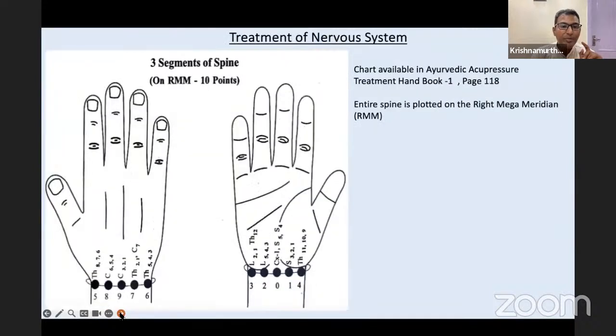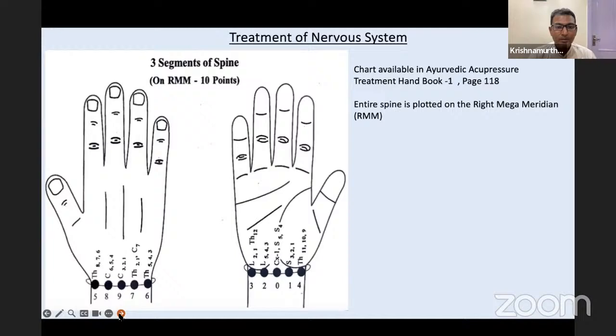And you can treat it on the mega meridians. The spine is treated on the right mega meridian. Each point of the mega meridian covers 3 vertebrae. If you don't know mega meridians, they will be taught in the next, the 3rd semester.